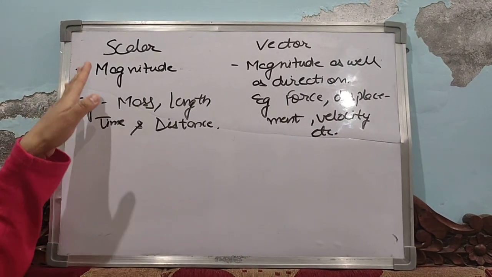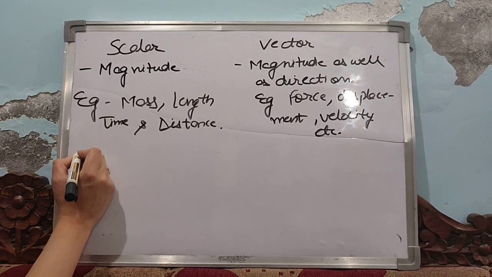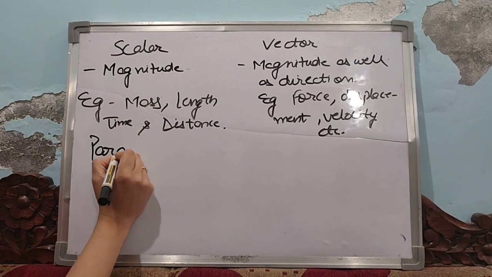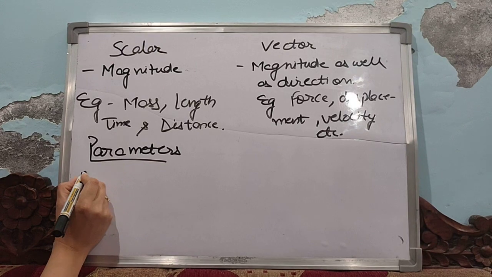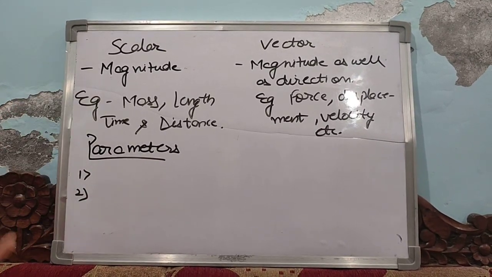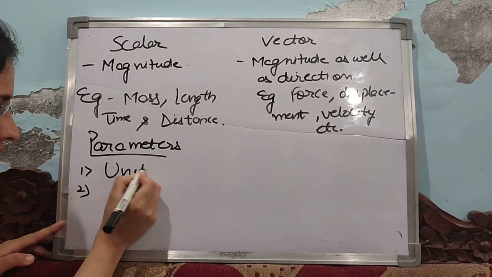For expressing your scalar and vector quantities, we need certain parameters. First, I'll discuss parameters to express scalar quantities. There are two parameters in which the scalar quantities can be expressed. First is your unit.